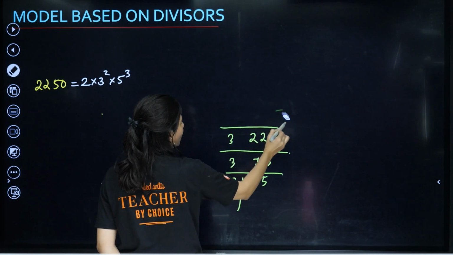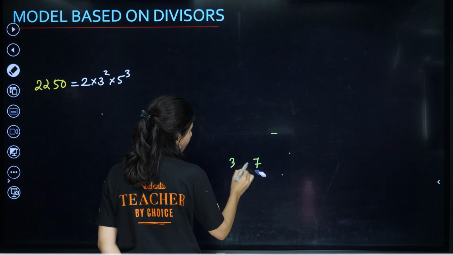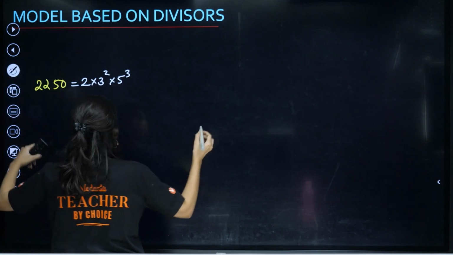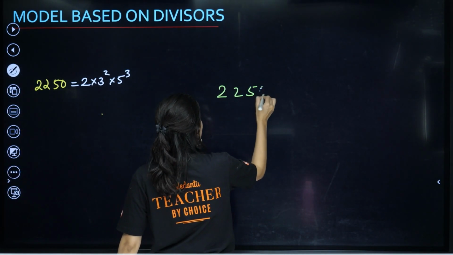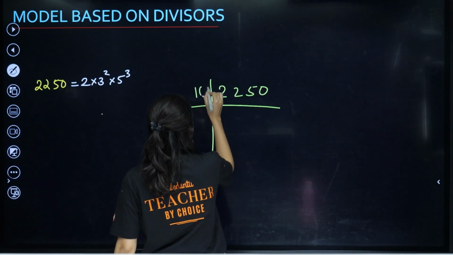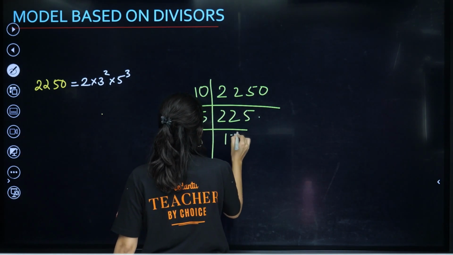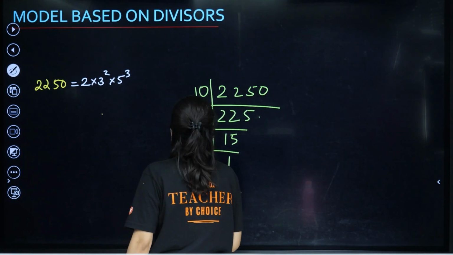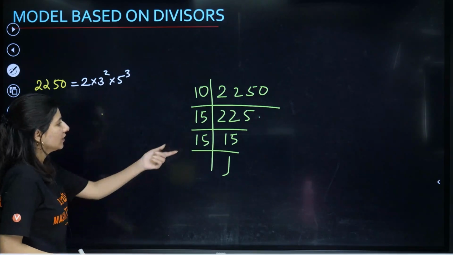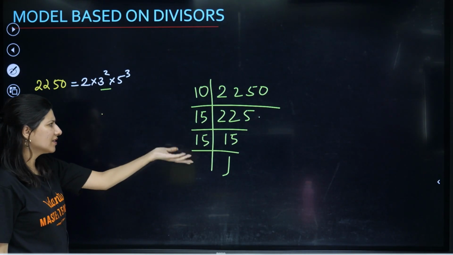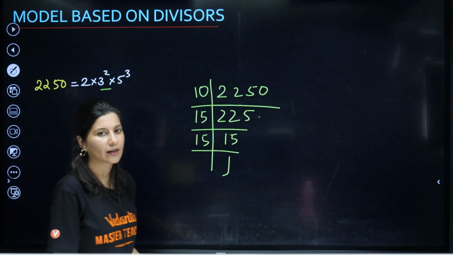What has happened to my calculation these days? 2250, divide by 10 gives 225, and you know 225 is 15 squared. So 15 is 3 into 5, so 3 square. This is correct. It will come like this.